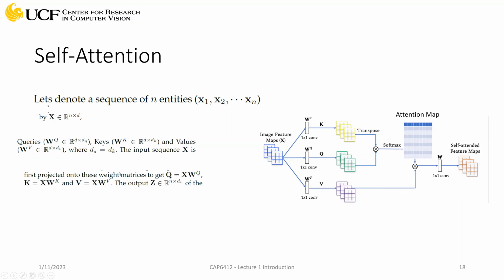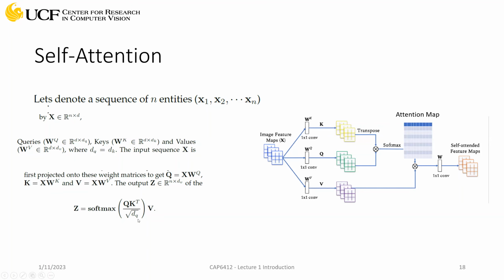Now, first we want to project X to Q, K, and V, as I explained here. We take X, multiply by WQ, and get Q. We take X, multiply with WK, and get K. Similarly, we take X, multiply with WV, and get V. Then the output will be Z. So this is what's shown: multiply Q and K transpose, divide by the square root of DQ, which is the dimension of the query, and then apply softmax to normalize everything.